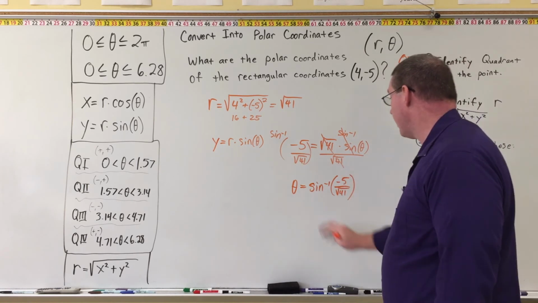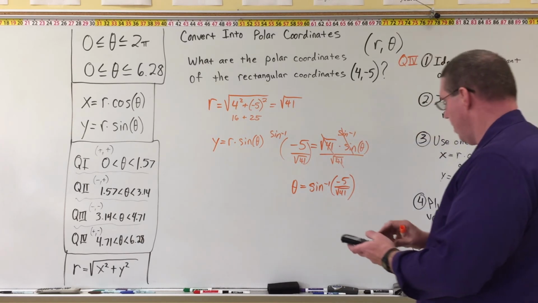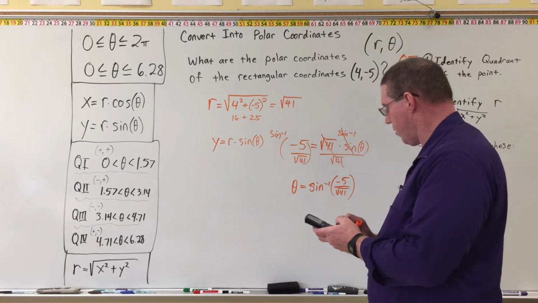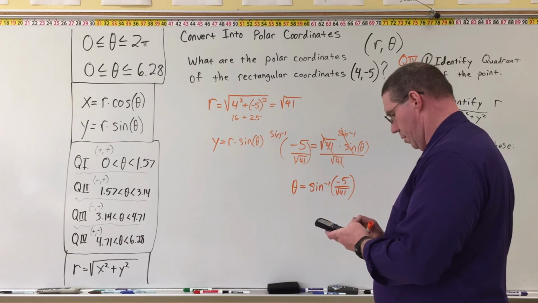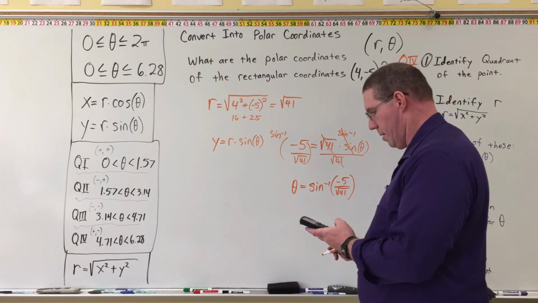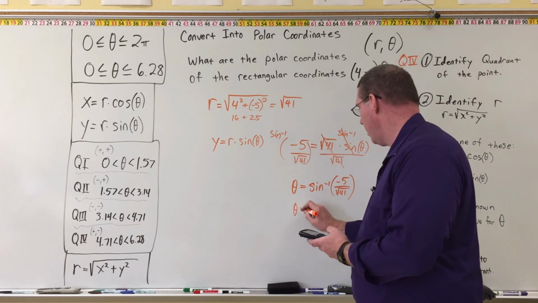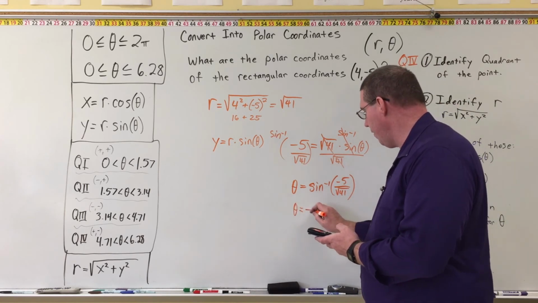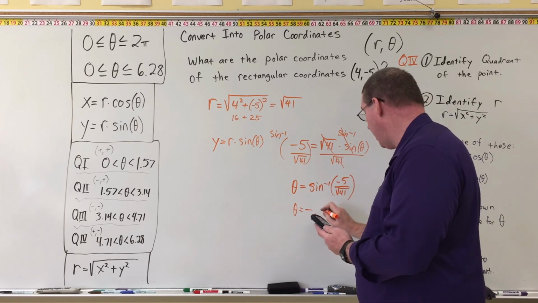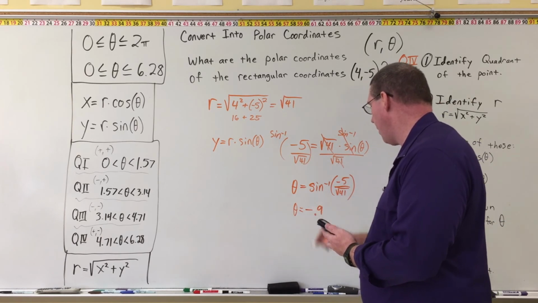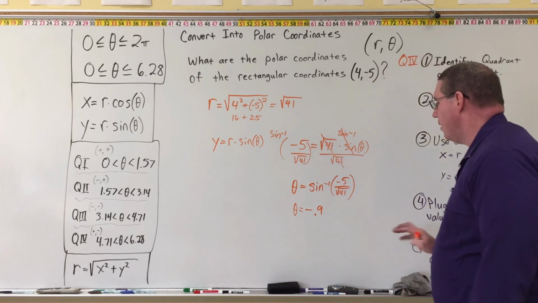Okay? This I can now key into a calculator. So I'm going to do sine inverse of negative 5 divided by the square root of 41. And that gives me theta is equal to negative 0.9, basically. Okay? All right. Now, here's the problem.